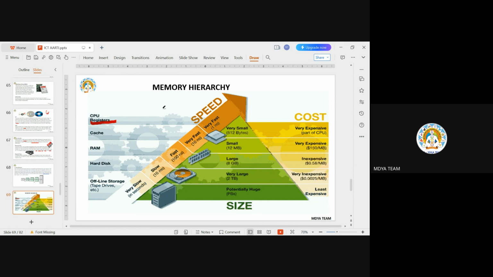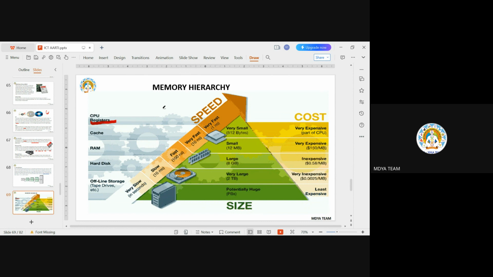Then RAM, then hard disk. Then other offline storage is present outside the PC, like magnetic tapes, CD drives and floppy disks that we enter externally. So these are offline storage.